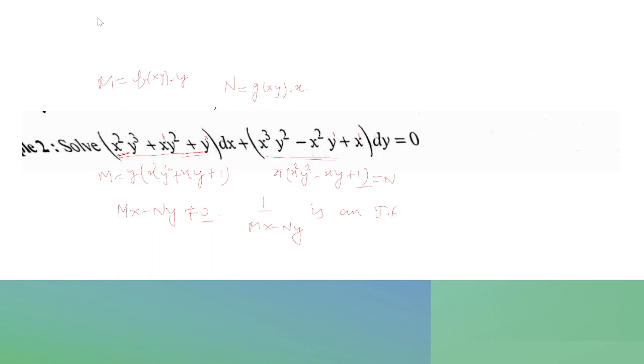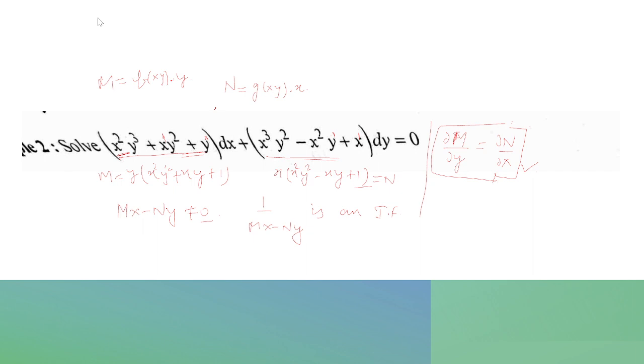If you want to check whether it is exact or not, the condition is partial derivative of M with respect to y equal to partial derivative of N with respect to x. If they are equal, then we can say it is an exact differential equation.